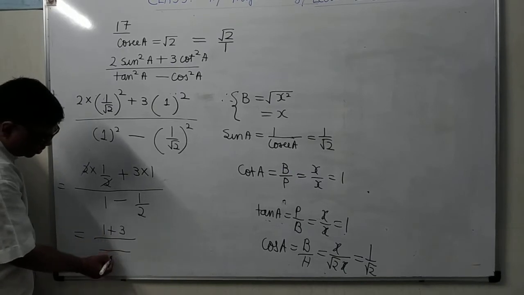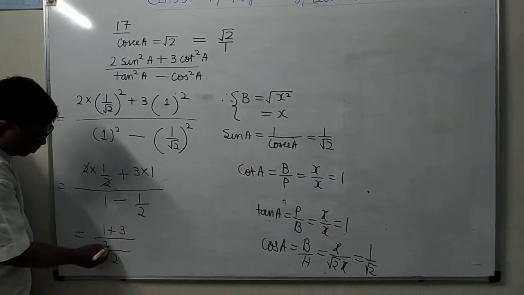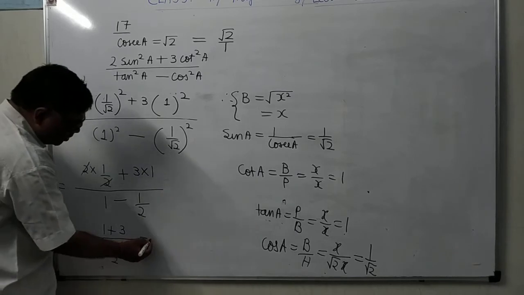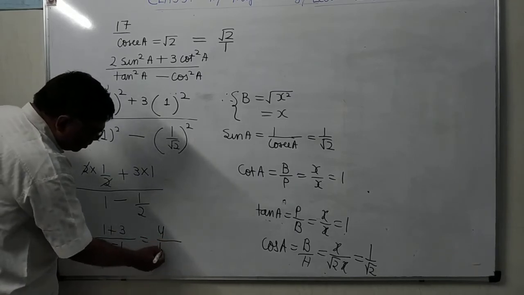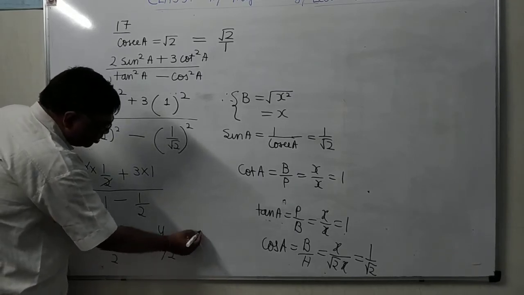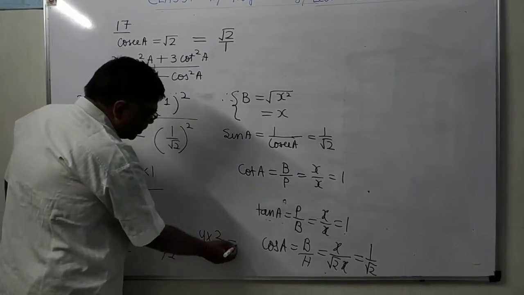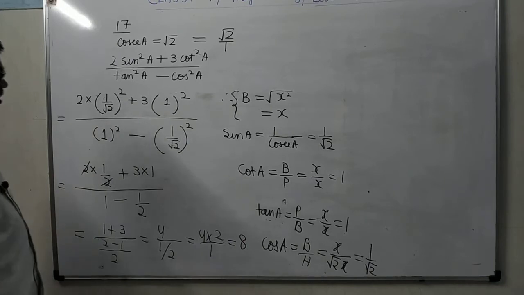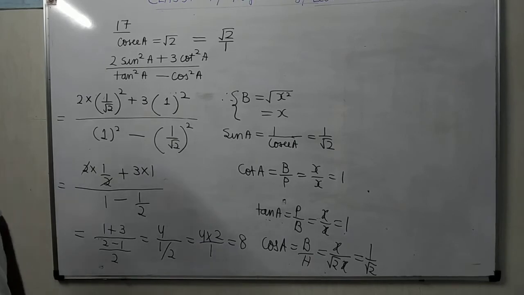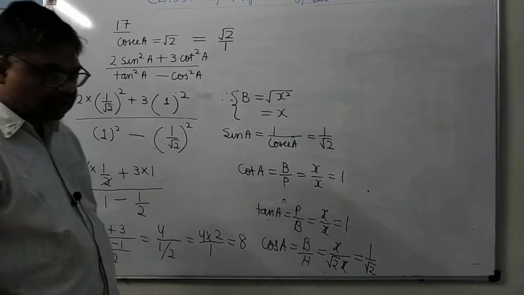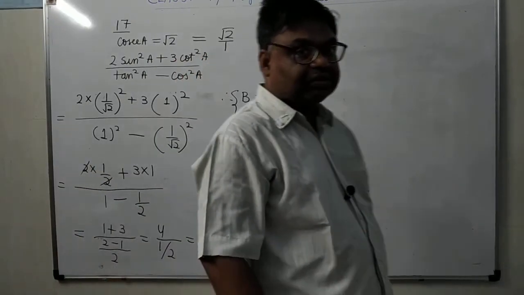Here 2 is the LCM, 2 minus 1. So 4 into 2 upon 1 equals 8. So this way you can determine the value. This is one way of doing this type of question.